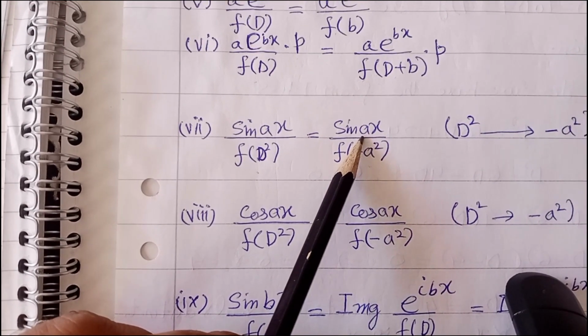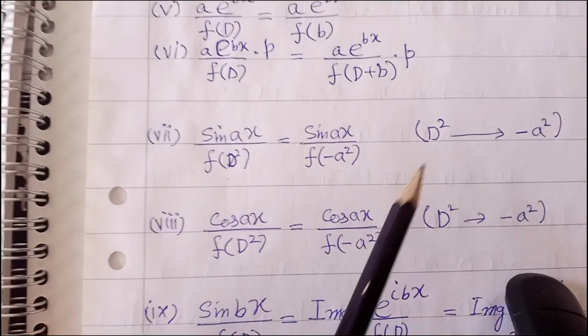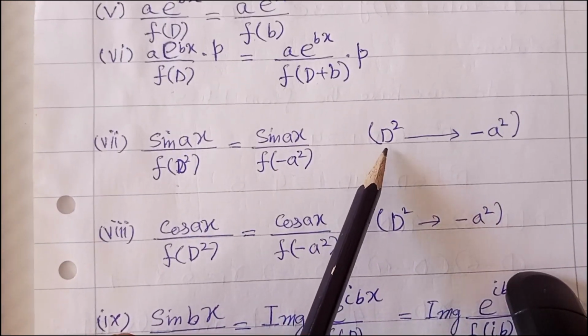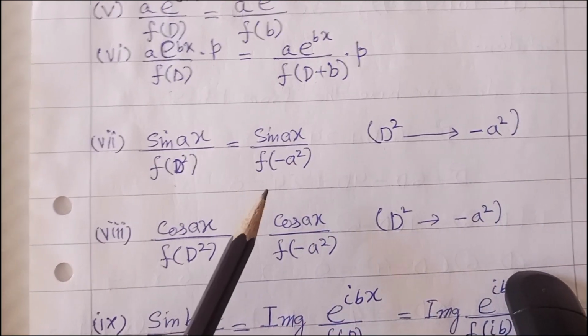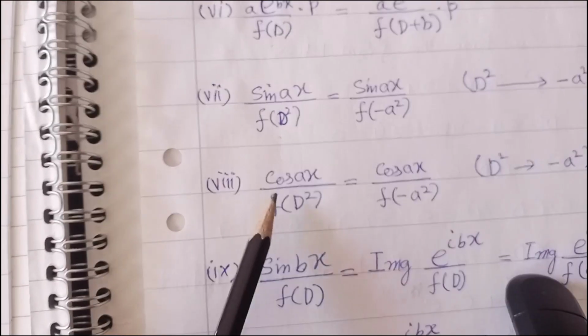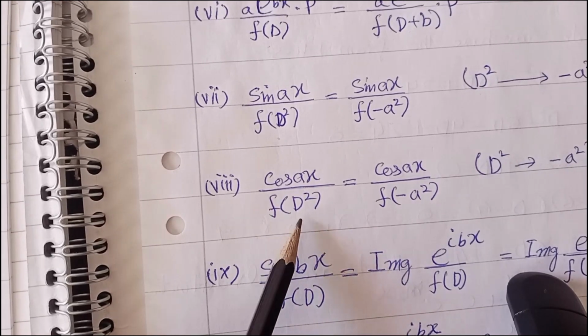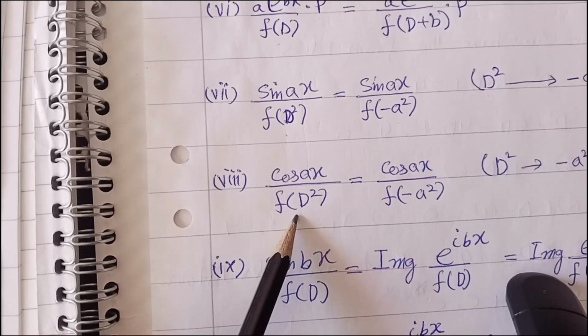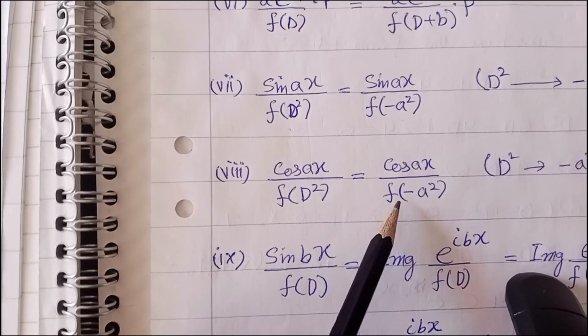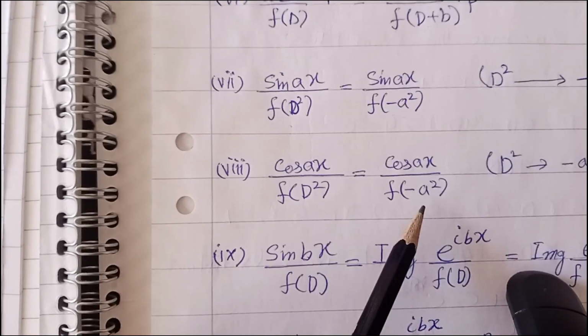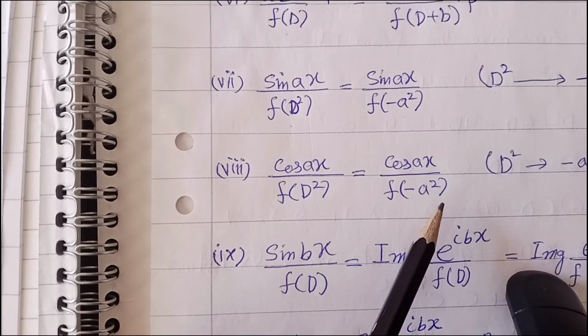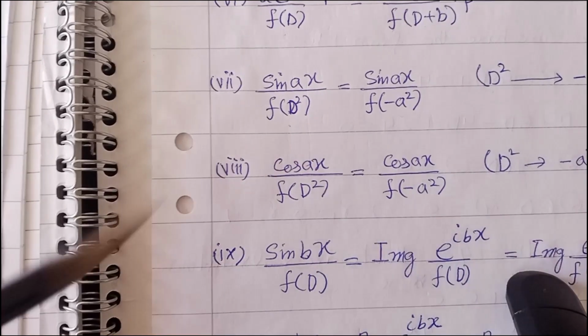Sine ax will remain the same. So we replace d square by minus a square, and we will get the solution. Similarly, in case of cos ax upon f of d square, we perform the same procedure, substituting minus a square for d square.